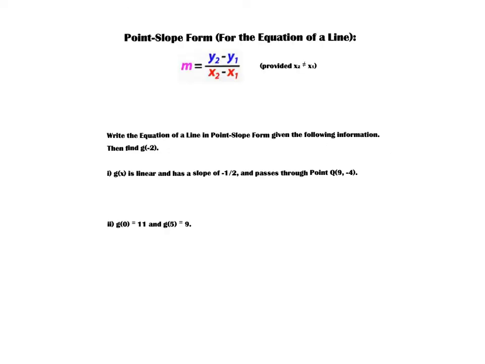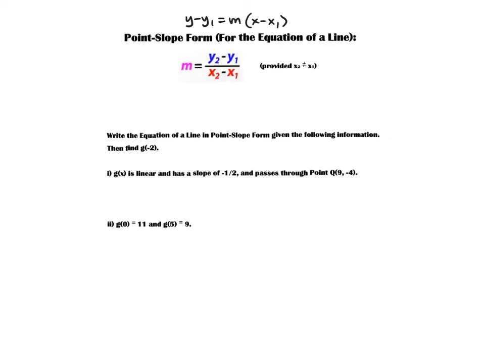All right, so let's get into our first equation for a line. It's called point slope form. You may have seen this in courses past, it's going to look like this: y minus y1 equals m times x minus x1. And that's built actually from the equation for slope, m equals y2 minus y1 over x2 minus x1.